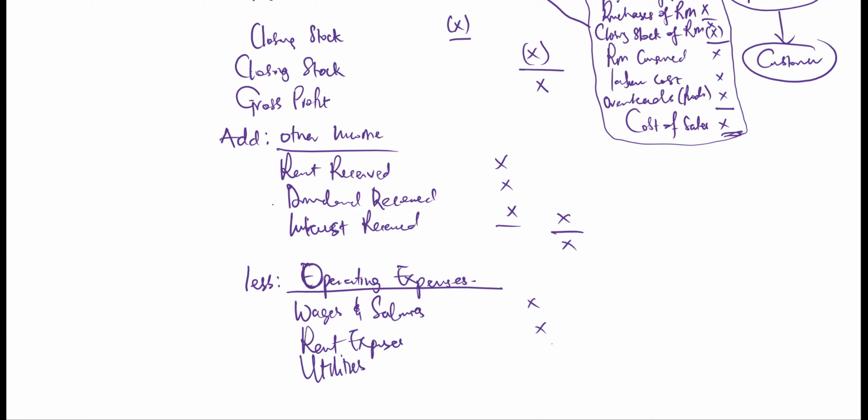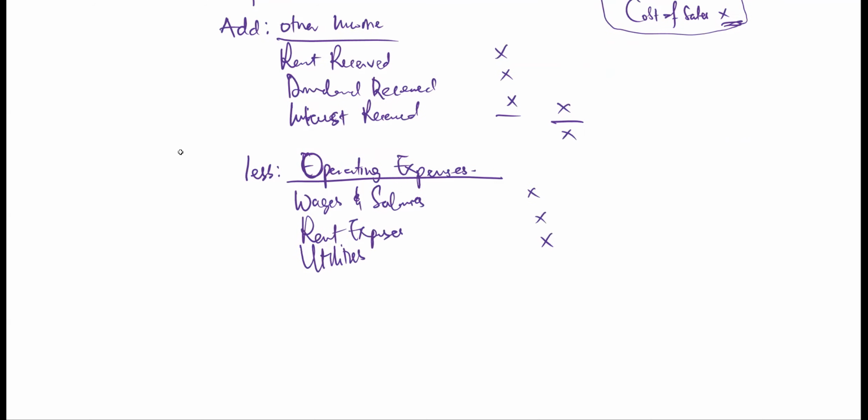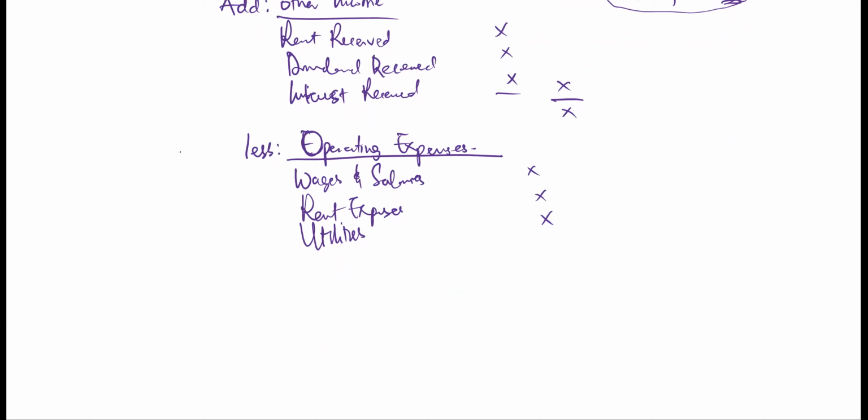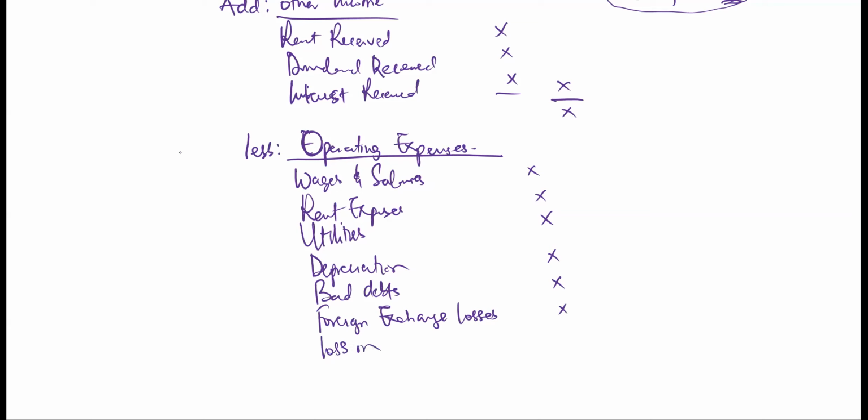Then what else should we consider? Depreciation. Bad debt, right? By all means, there are going to be some bad debts. Foreign exchange losses, loss on disposal of assets.